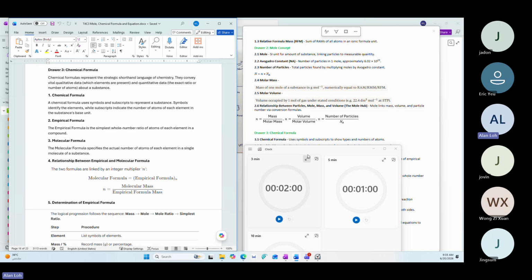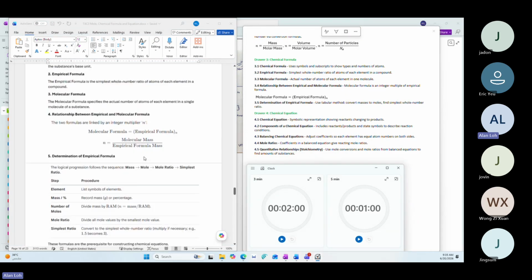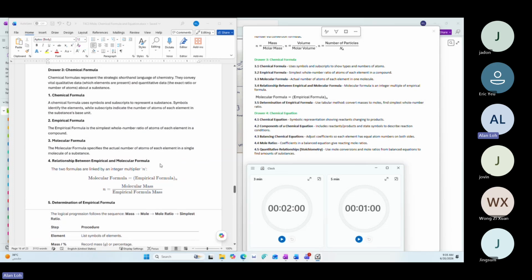So let's go to drawer 3. Drawer 3, I give you 2 minutes. I'm going to scroll down as we move gradually.